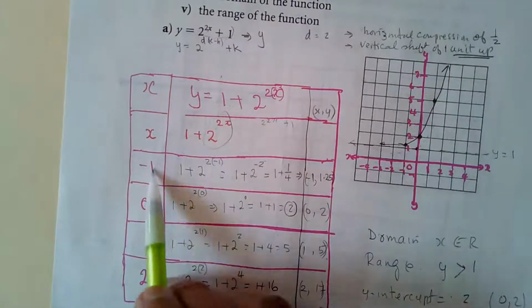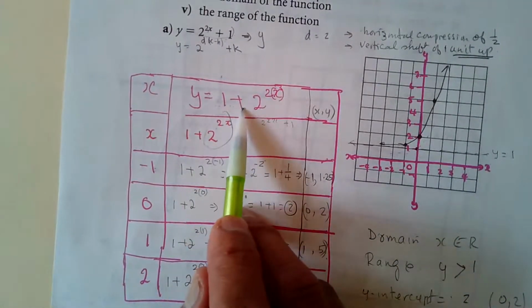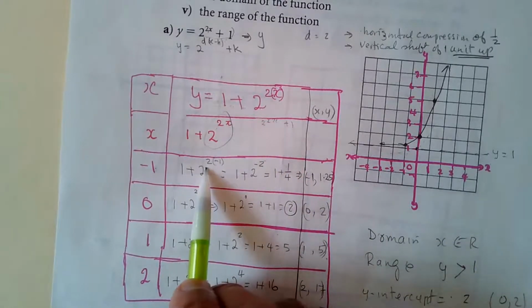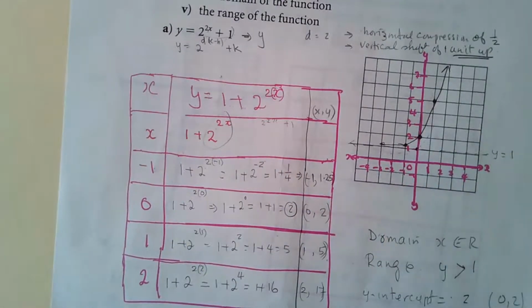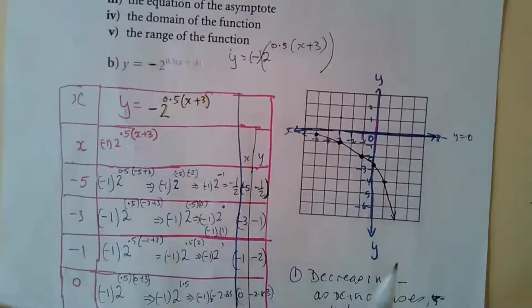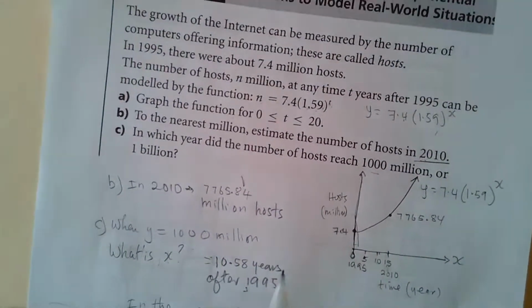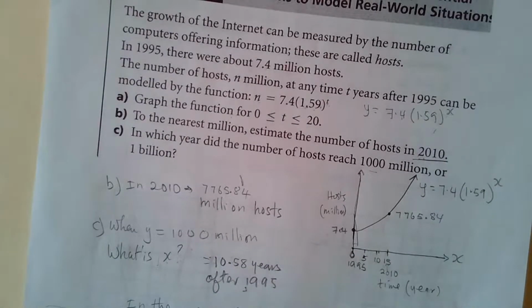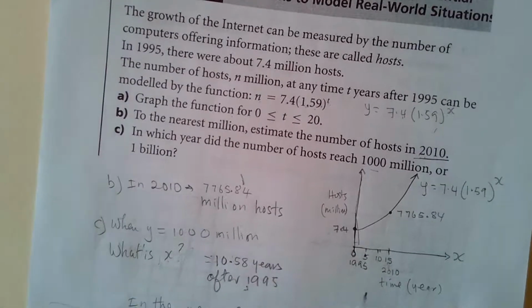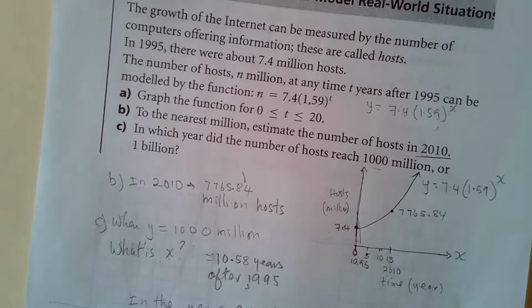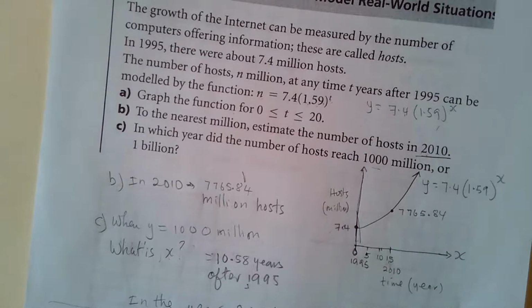We select x values and then we use our function to find the corresponding y values. And we sketch a graph for both of these. Then we looked at using transformation of exponential function to model real world situations. And we're using the graphing calculator, but also we can use the algebraic way of doing it.